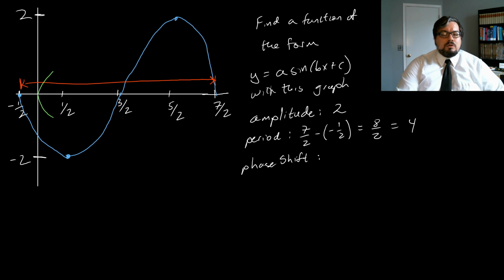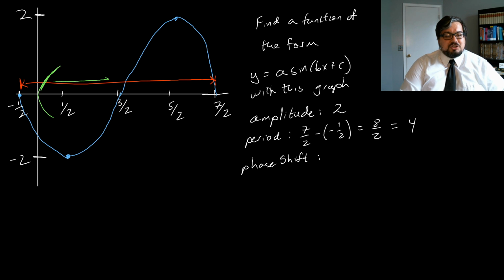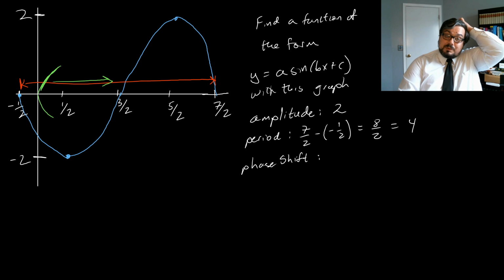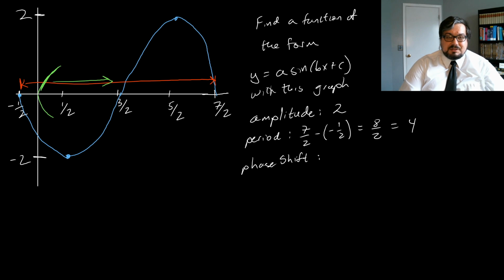Which means that in order to get the graph that we have here, we could have started with a function that goes upwards and shifted it to the right in order to get over to this point 3/2 where the graph comes up through the x-axis.